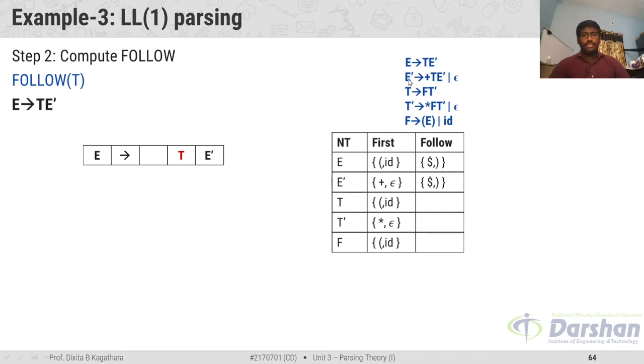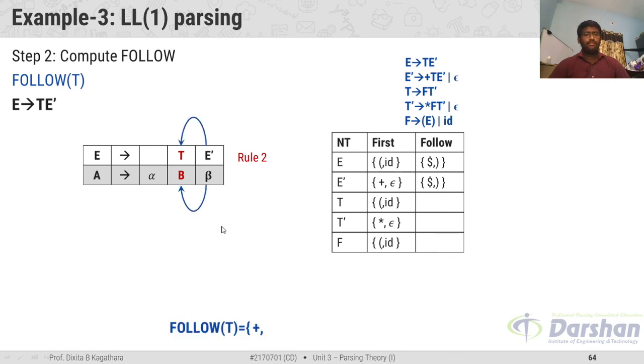What is the first set of E dash? Plus. The first symbol of E dash is plus, so we will add that plus to the follow set. We have one more production, E dash implies plus T dash E dash, so we will also take that production.